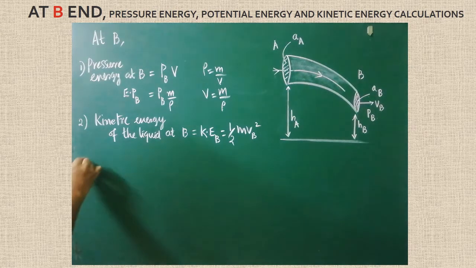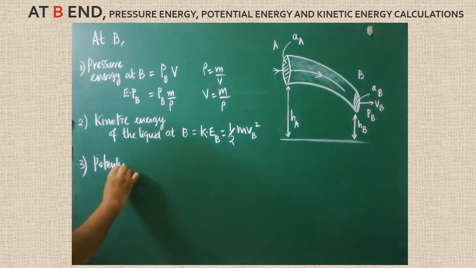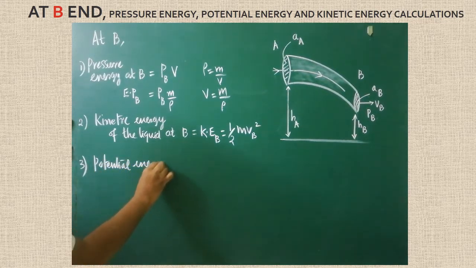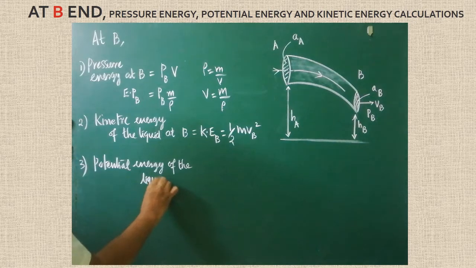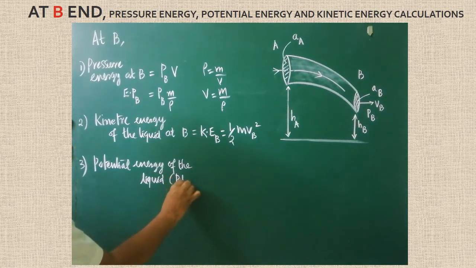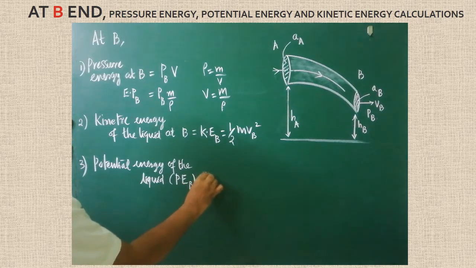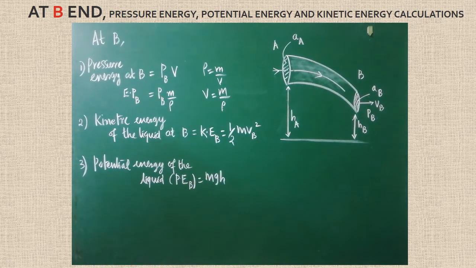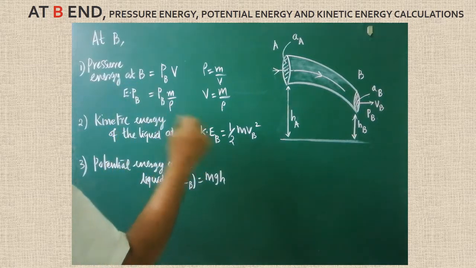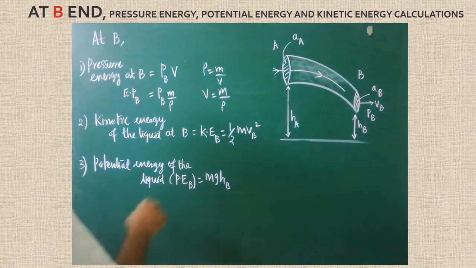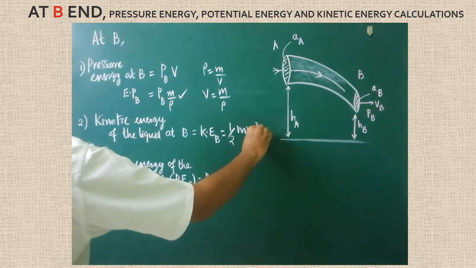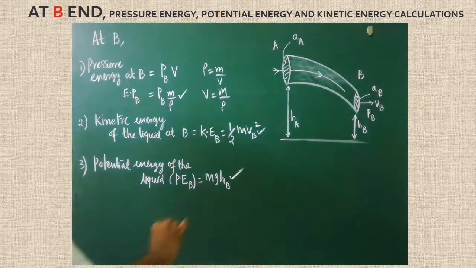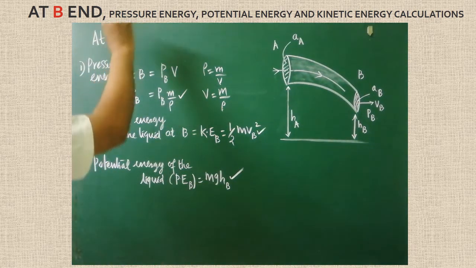So the next one is potential energy of the flowing liquid, that can be written as PEB. What is the general formula? mgh. At B, at what height is that liquid flowing? It is flowing at the height of hB. Therefore, hB must be written. So this is the expression for pressure energy, this is the expression for kinetic energy, and this is the expression for potential energy. All are measured at the end B. Are you clear?